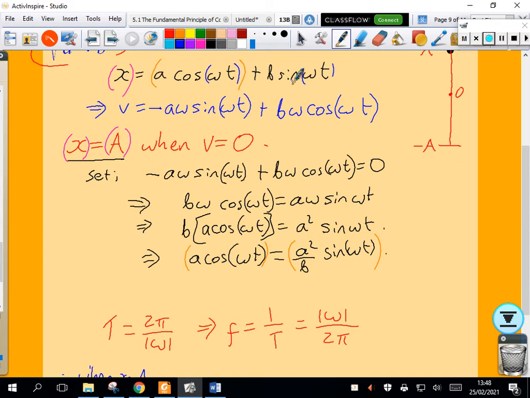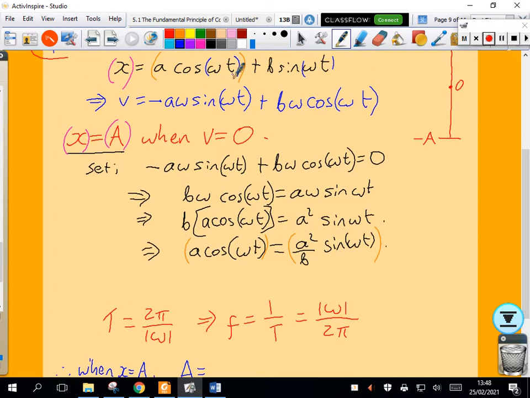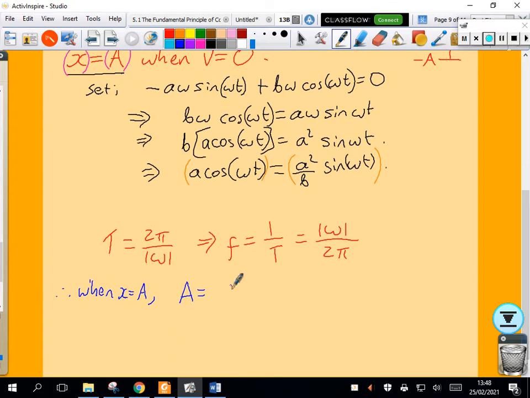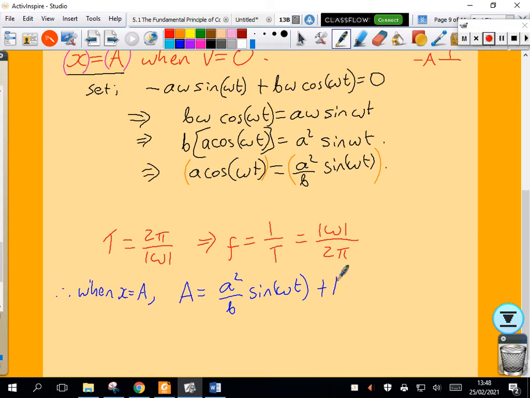That's going to become a equals a cosine omega t, which I'm going to write as a squared over b sine omega t, plus b sine omega t. So a is equal to a squared over b times sine omega t plus b sine omega t.